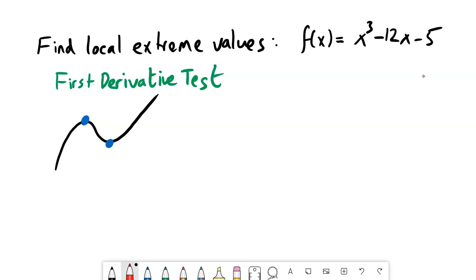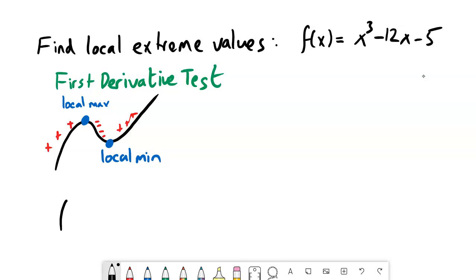Is it positive slope or is it negative slope? Notice that this goes positive until you reach the critical point, and then it goes negative. If that's the case, from positive to negative, we call this a local max. And similarly, the opposite: minus minus minus, reach the critical point, plus plus plus. This is a local min.